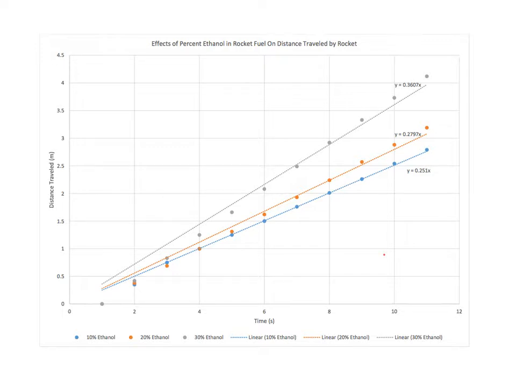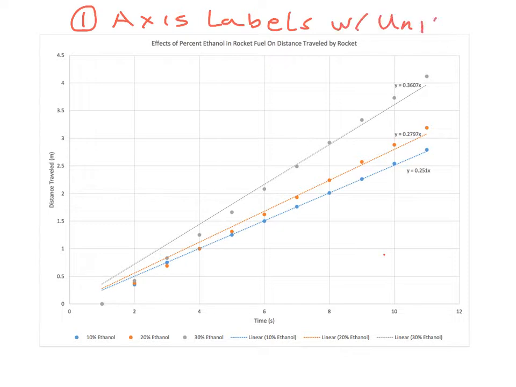Now, another thing that all good graphs have is axis labels with units. Any graph that you submit in this class should have both axes fairly clearly labeled with units.